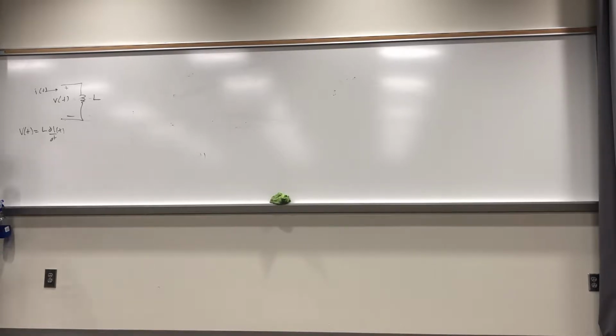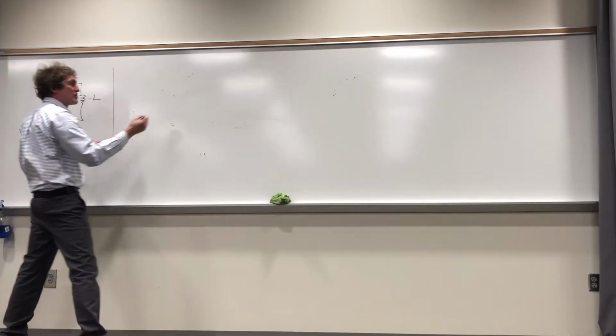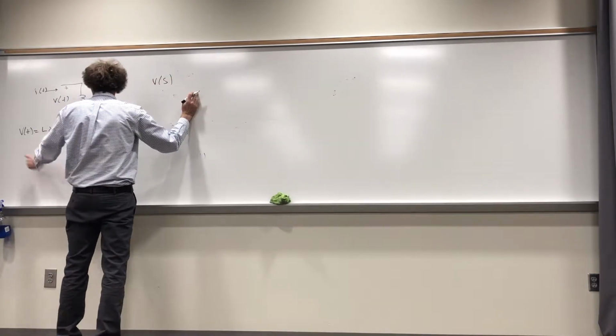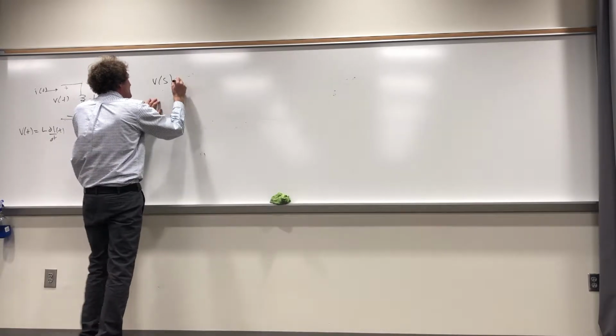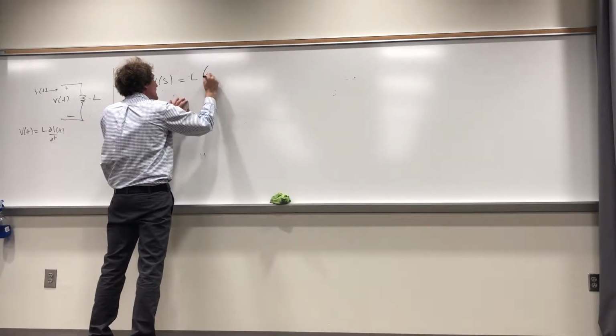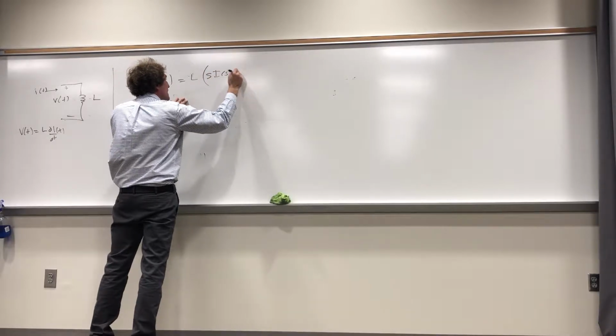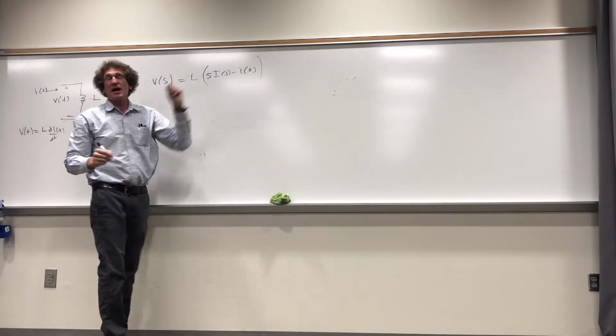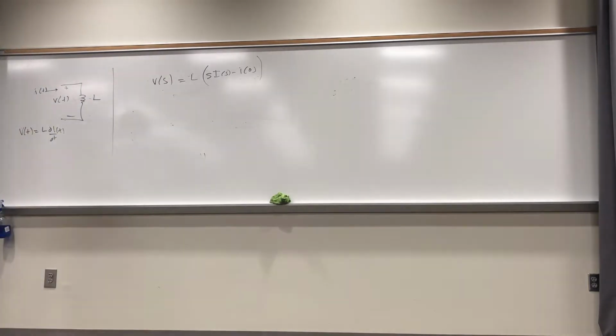Now take the Laplace transform of it. When you take the Laplace transform, I get V of s equal to L times the quantity: the di dt would be s times I of s minus i of 0. This term is the time domain value of the current at time equals 0, just as the switch is thrown, just as the event starts.